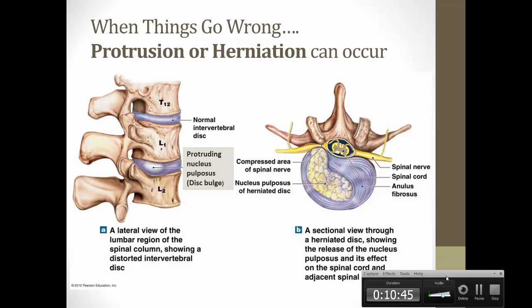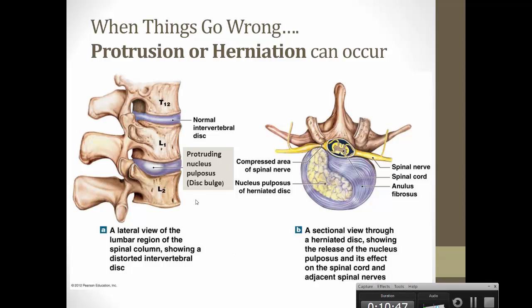Compare this to another situation which is called the disc bulge. Well, in the disc bulge, what happens is the nucleus pulposus is protruding through the annulus fibrosus, but the annulus fibrosus is not broken completely yet. Here is an example like that.